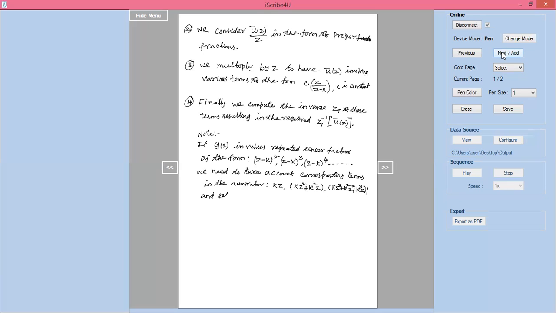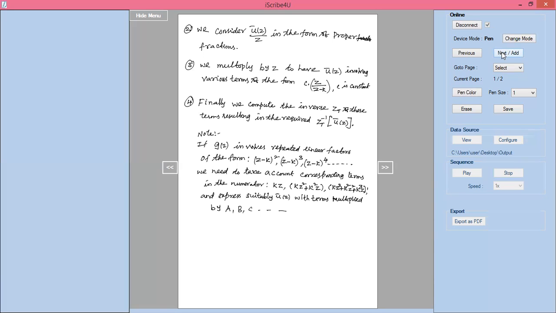So we can write respectively and express u bar of z suitably with terms multiplied by a, b, c and so on.